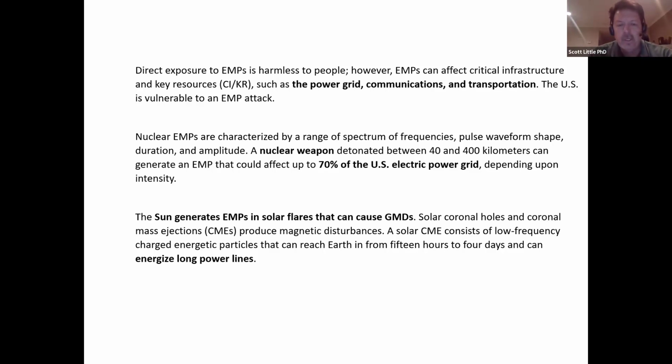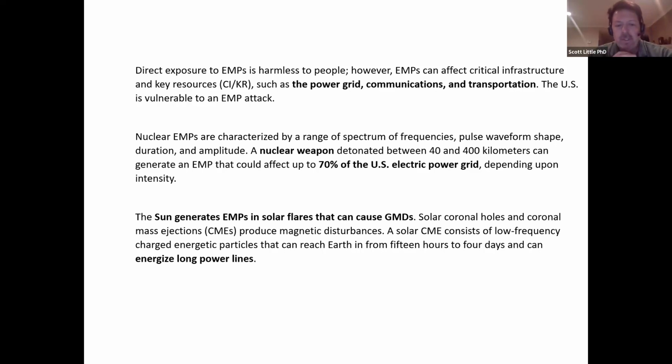There are different types of waves, short waves or long waves, short term or longer term, and different effects of those. But a nuclear weapon detonated between 40 and 400 kilometers above the ground can generate an EMP that could hypothetically knock out about 70% of the US electric power grid. That depends on the intensity of the detonation, but it's definitely within the realm of possibility.